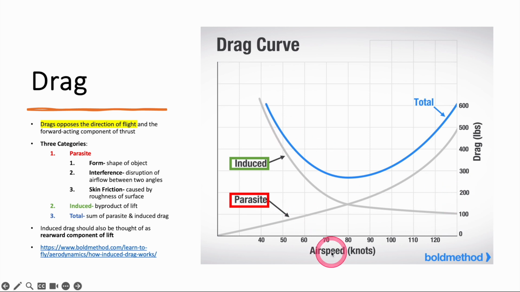Looking at this table, it's comparing your airspeed to the amount of drag you're producing. As you go faster, parasite drag increases, but induced drag decreases. The total drag formed is on a curve like this.